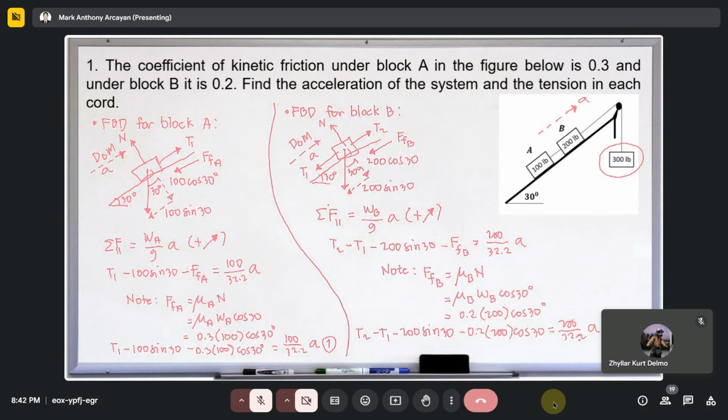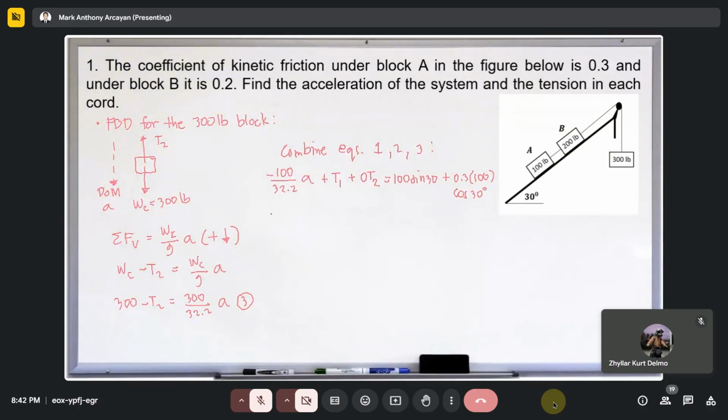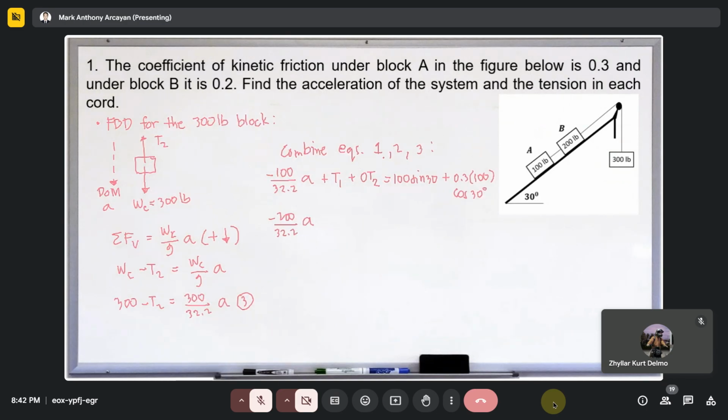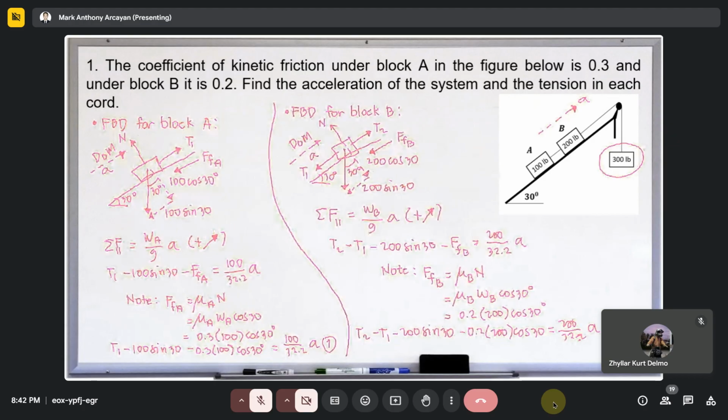For equation 2, we will transpose the acceleration to the left side again. This will become negative 200 over 32.2 A, then followed by T1. Here, T1 is negative, so we have minus T1. Then T2 is positive, so plus T2, then equal to the constant.